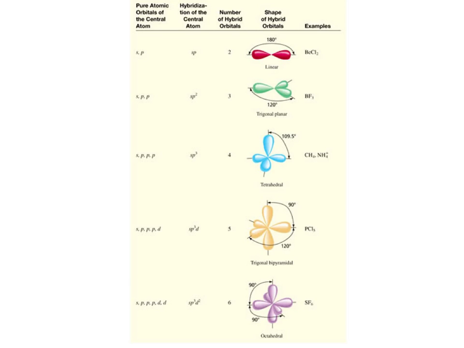So BeCl2, that was the example we were looking at. Basically, we have 2 groups around that central atom, both of them bonding. We know we're going to have that linear shape based on VSEPR, but in this case, because we only have 2 groups around, we're going to have sp hybridization because we're mixing that s and p in order to create our two bonding orbitals.